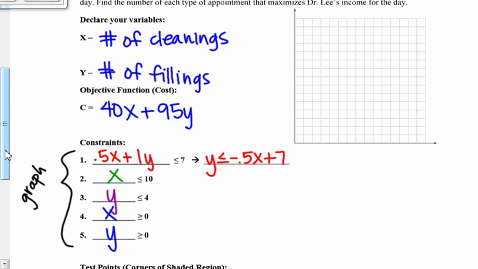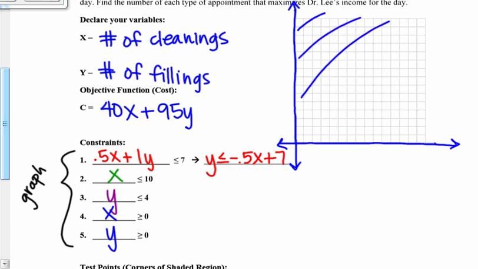I'm going to do some graphing and shading. So I'm going to start by graphing number 4 and 5 just because those are pretty easy. X has to be greater than or equal to 0 and y has to be greater than or equal to 0. So if I look at that as x equals 0 and y equals 0, those lines are right along the axis. All right, so basically everything positive is fair game, nothing negative.